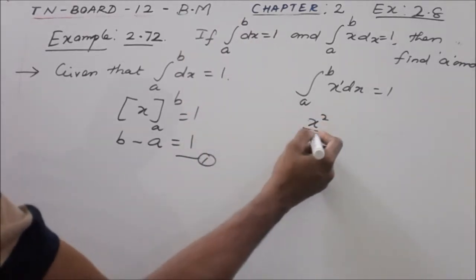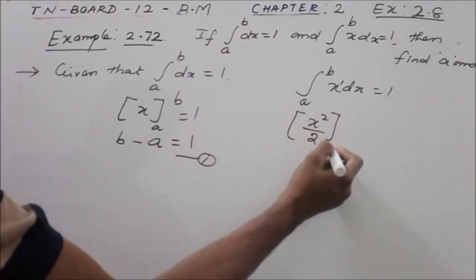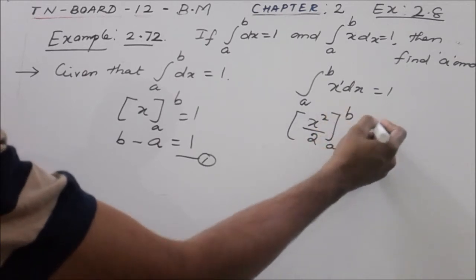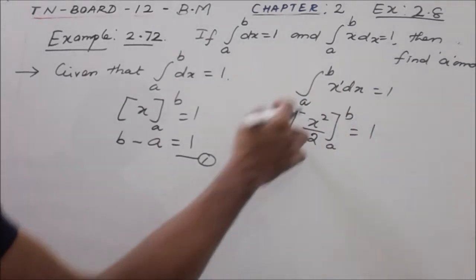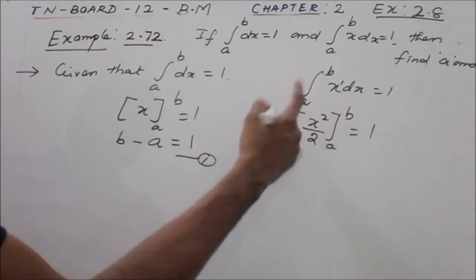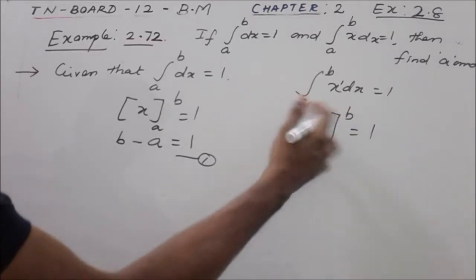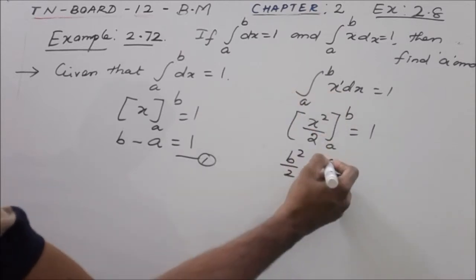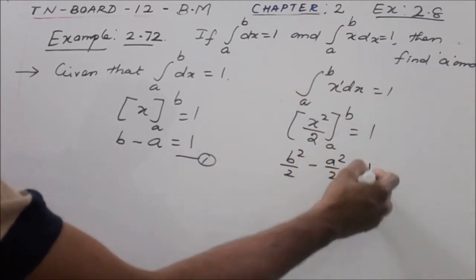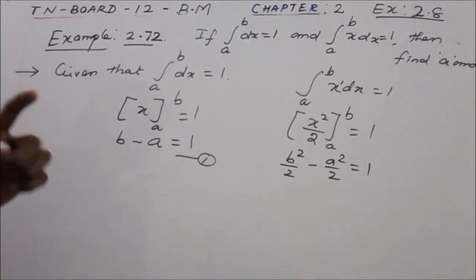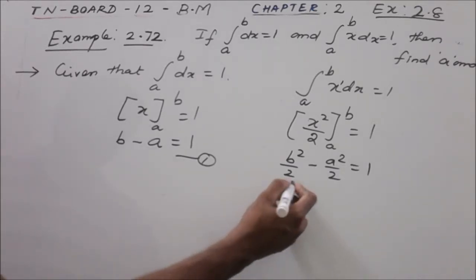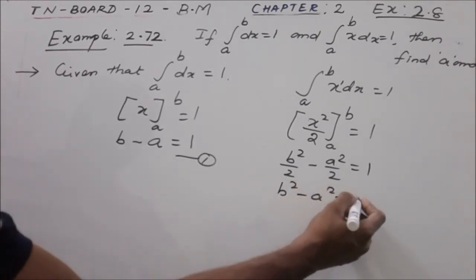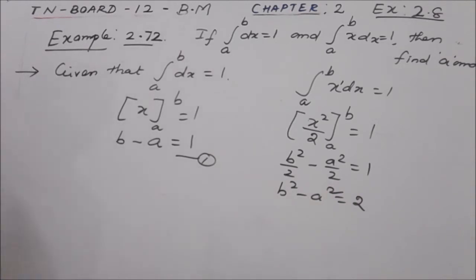So x square by 2, a to b equal to 1. Now substituting upper and lower limit, b square by 2 minus a square by 2 equal to 1. Multiply by 2, b square minus a square equal to 2.